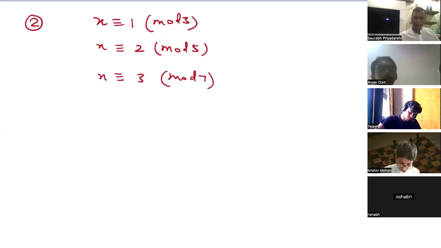Done. Good, Tejas. Very good. This is very good.